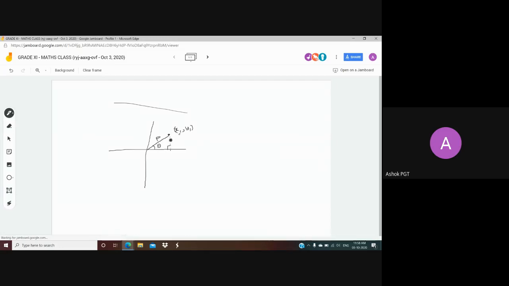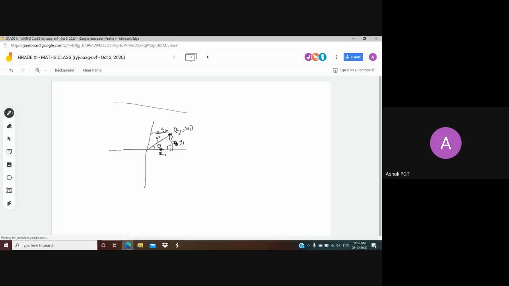I am drawing the perpendicular line from the point to the x-axis. Let us say this length is y1, because the distance of the point from the x-axis gives us the y coordinate value, and the distance of the point from the y-axis gives us the x coordinate value. So this will be x1.